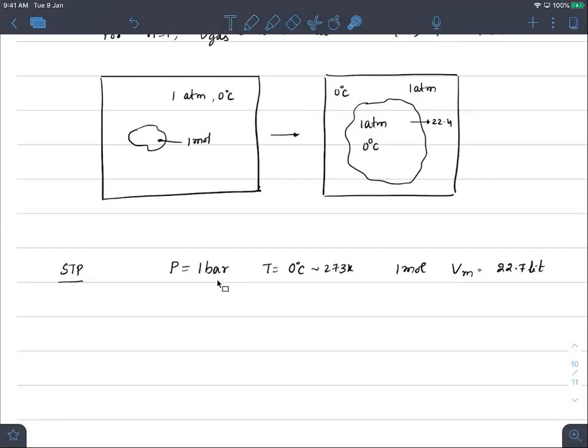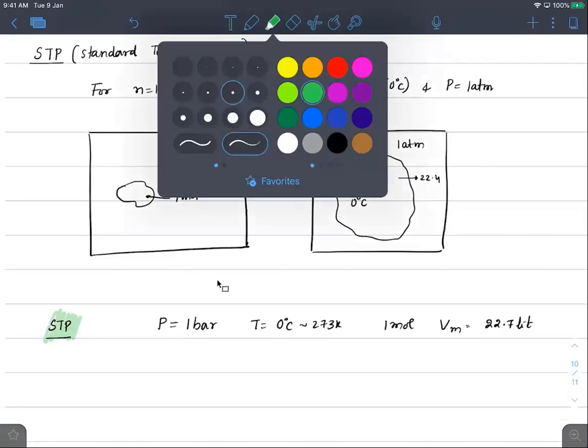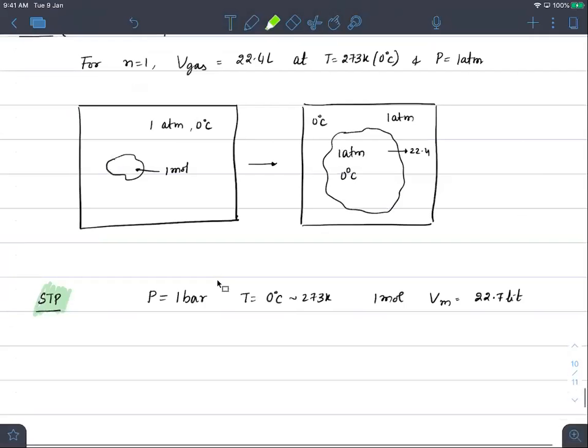So please check your questions carefully. Since you will be having numerical questions henceforth in your exams, please be very careful whether it is given 1 bar or 1 atm. If it is 1 bar, take volume as 22.7. If it is 1 atm given, then take the volume as 22.4 liters. Okay. The new NCERT recommends this STP condition. I hope all of you understood this, guys.